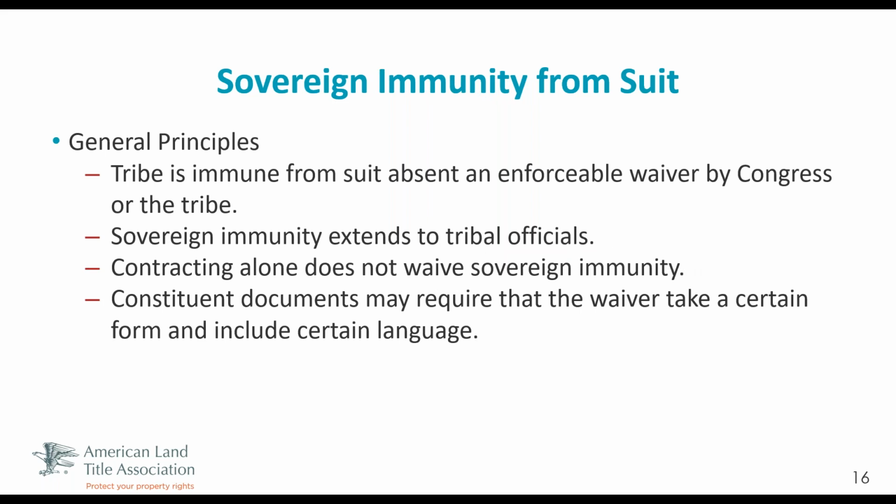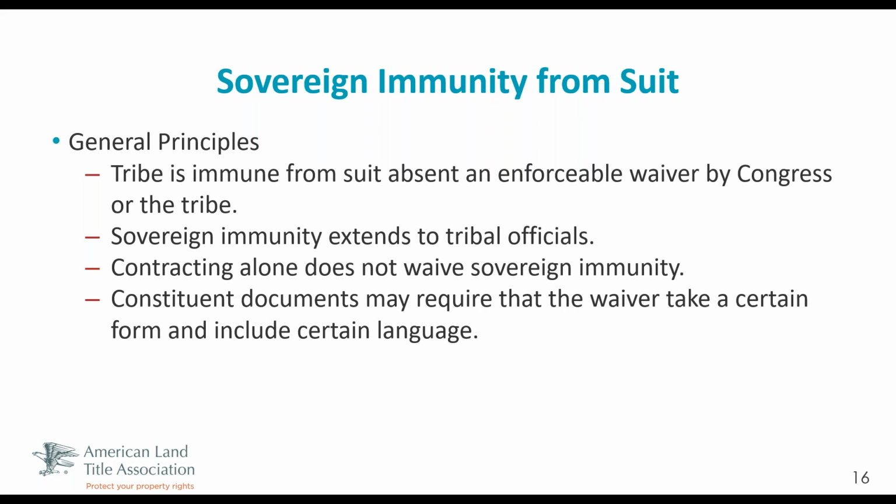So why do you care? I mean, why do title companies care about this issue? Well, I think largely whether the immunity from suit by a tribe or a tribal entity that also has immunity from suit is properly waived will impact the enforceability of an insured instrument. So let's say you're insuring a leasehold or a leasehold mortgage.